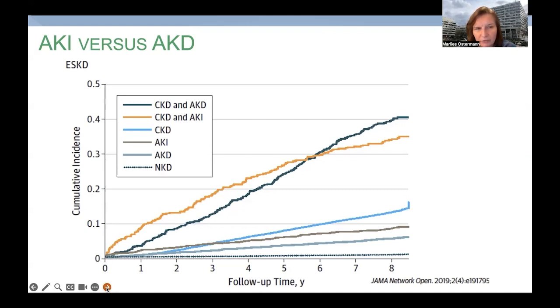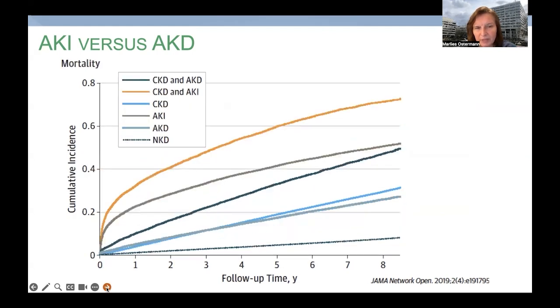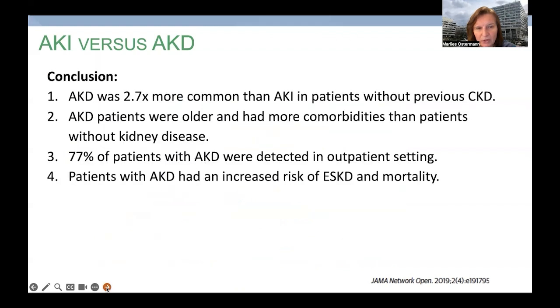And here we have the risk of end-stage kidney disease. And as you can clearly see, the risk was highest in those with either AKI or AKD on the background of pre-existing chronic kidney disease. Similarly here, these patients also had an increased risk of dying in the subsequent 8 years. So clearly AKD is common in patients.